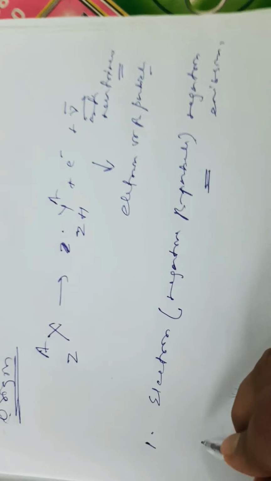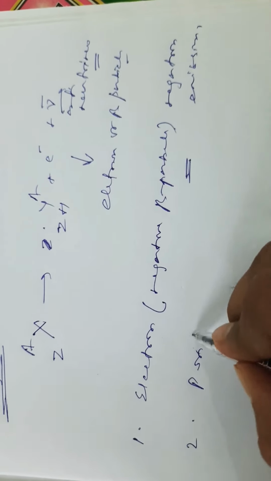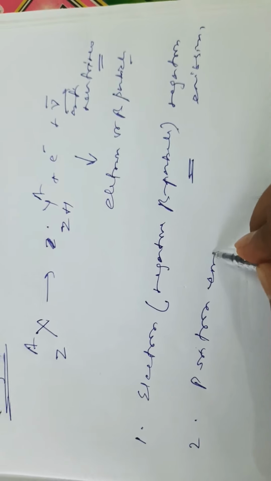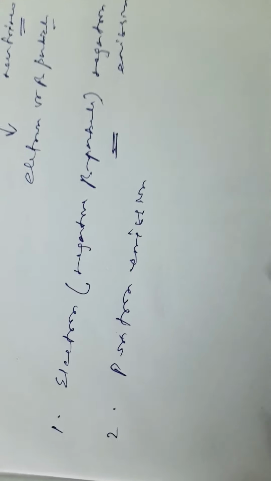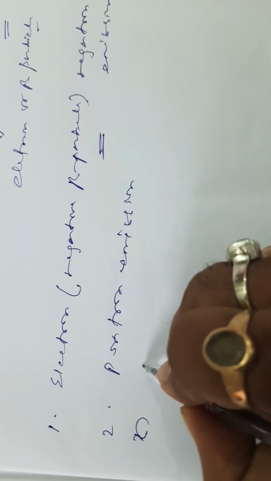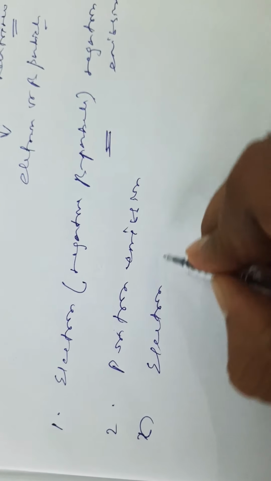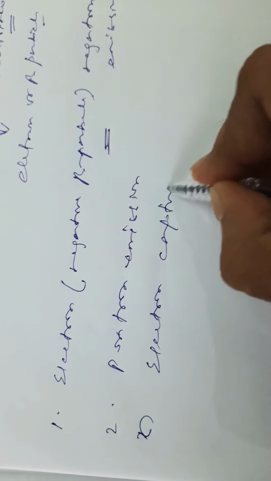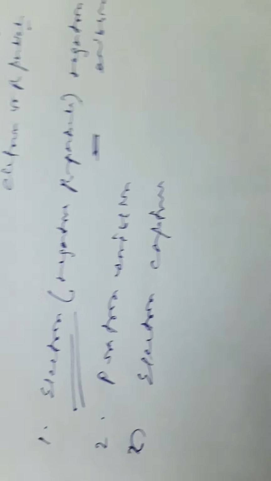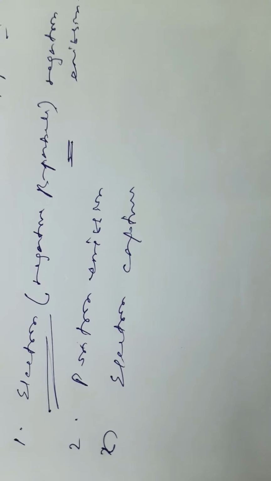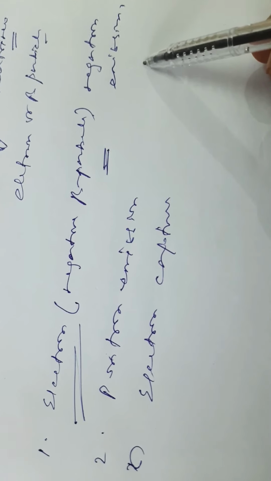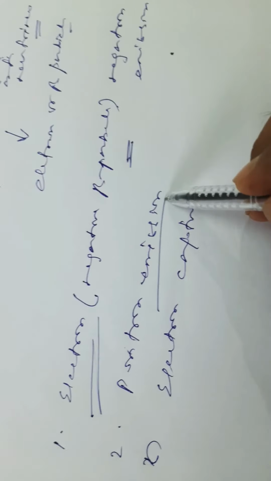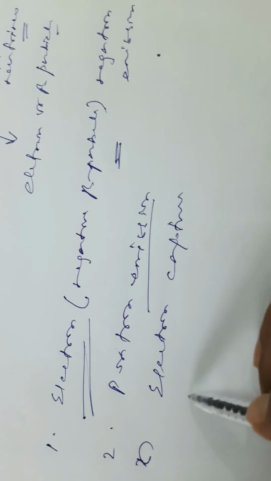Similarly, we have positron emission, which is quite different from it, and then we have electron capture. The first is known to everyone, but the other two also exist. Thus, there are three beta processes: negatron emission, positron emission, and finally electron capture.